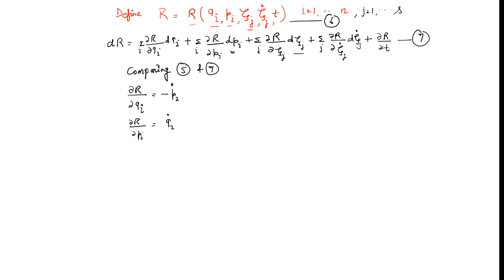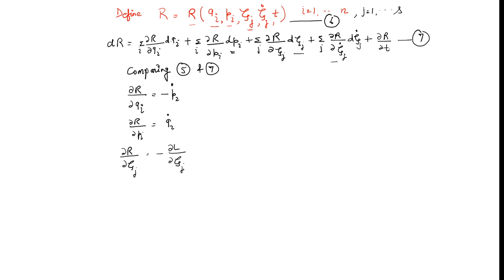Likewise, comparing d zeta j, I get delta R delta zeta j is equal to minus delta L delta zeta j.